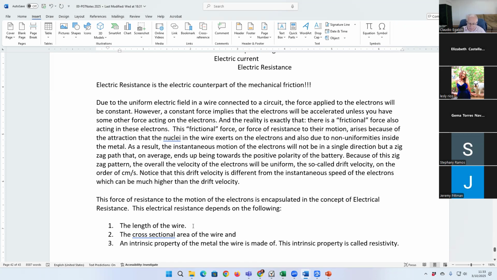The longer the wire, the larger the electrical resistance. The larger the cross-sectional area, the lower the electrical resistance.